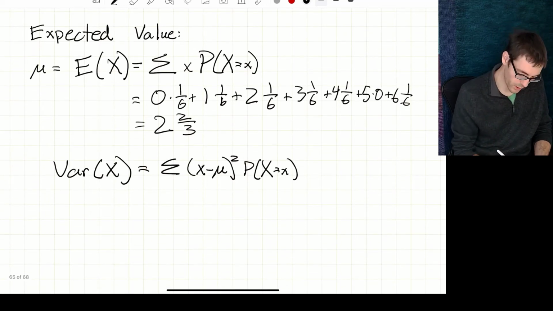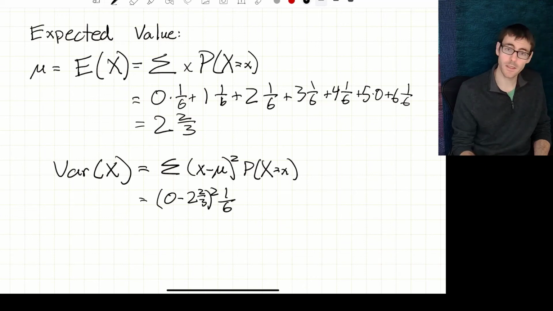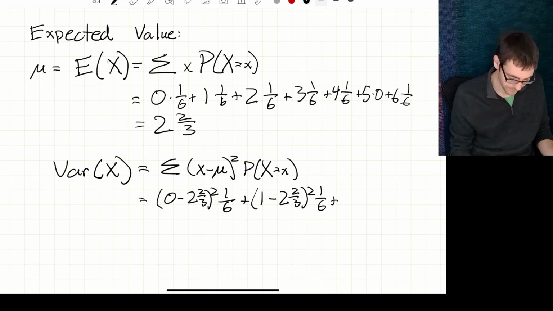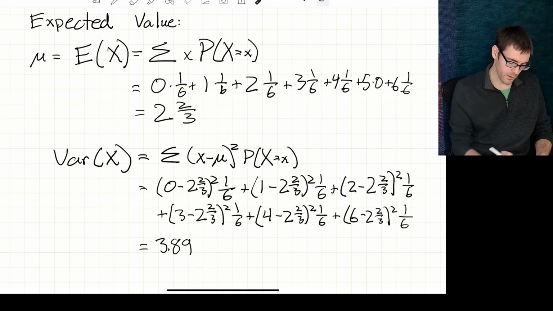So going through the start of this would be 0 minus 2 2/3 squared times 1/6, plus 1 minus 2 2/3 squared times 1/6, etc., which should end up being 3.89.